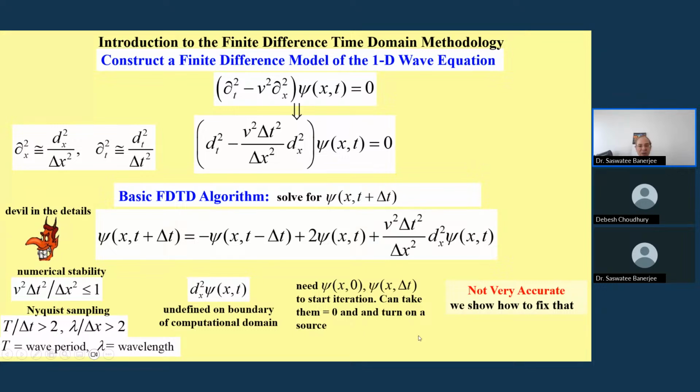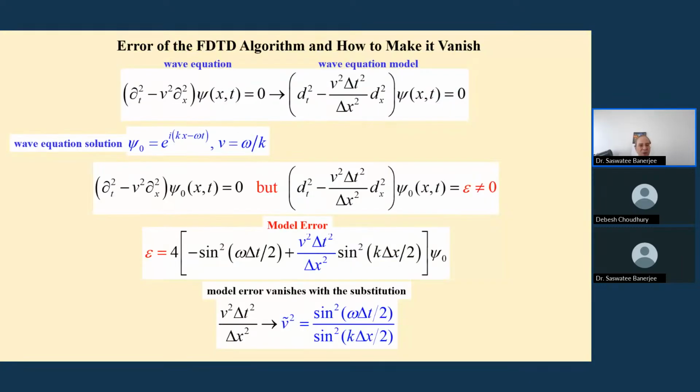Now if you don't know the first wave and the second wave, you can use a source term, and I'll get into that a little bit later, but suffice it to say that we can handle this. Okay, if we use the finite difference model, this wave equation will have an error, and this is the problem.